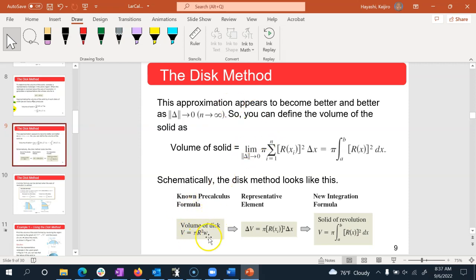You take a formula from before calculus, like the volume of a disk. You sort of figure out what the representative element is, and then you just integrate both sides to sort of signify adding up a bunch of those representative elements, and then you have your formula. Pi r squared dx. Pi times the integral of r squared dx.